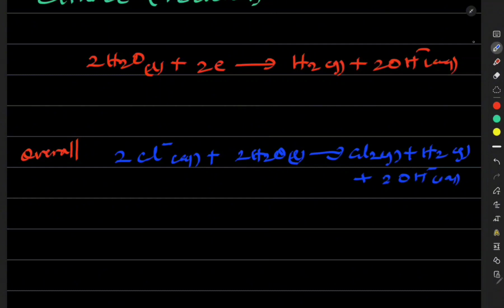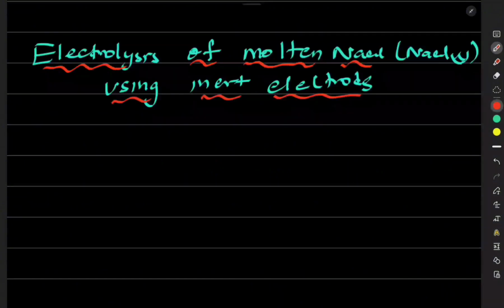Now let's discuss the electrolysis of molten sodium chloride using inert electrodes. At room temperature, sodium chloride is solid and does not have any mobile ionic species, therefore it does not conduct electricity.